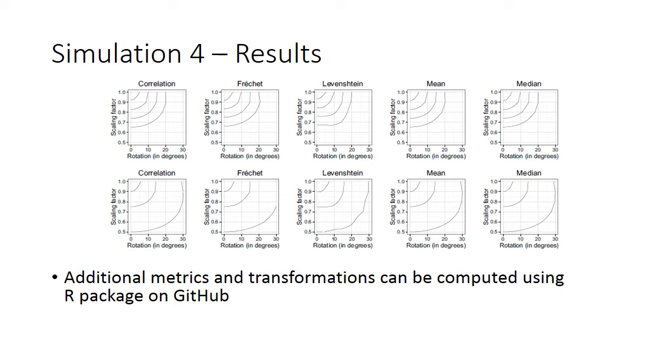Here are examples of contour plots which show how the metrics scale when we apply two transformations at the same time. Here you can see scaling and rotation. Contours denote the same level of distances. I also developed an R package that is publicly available for other researchers, so they can get similar benchmark comparisons for different metrics and different transformations.